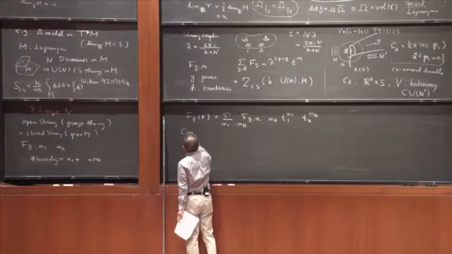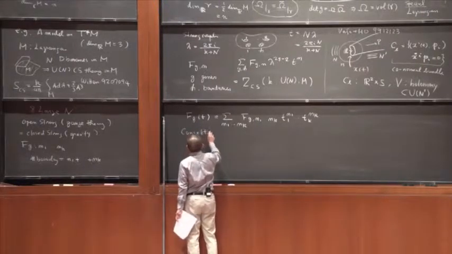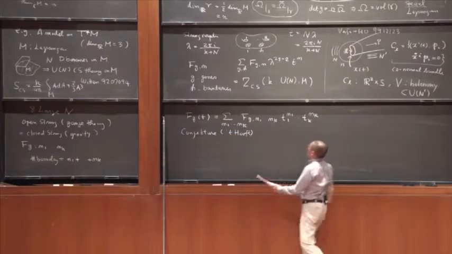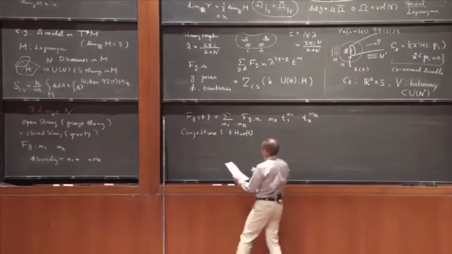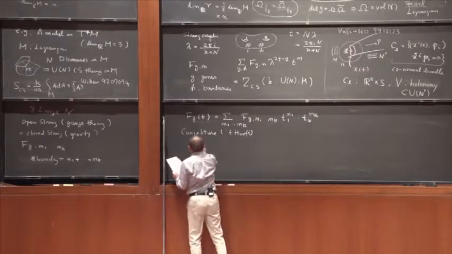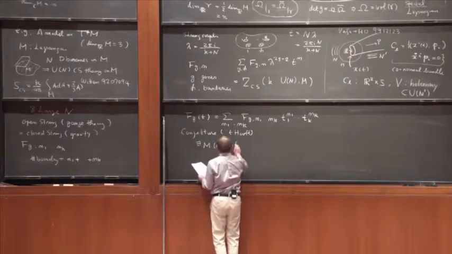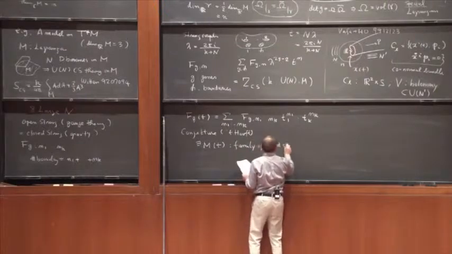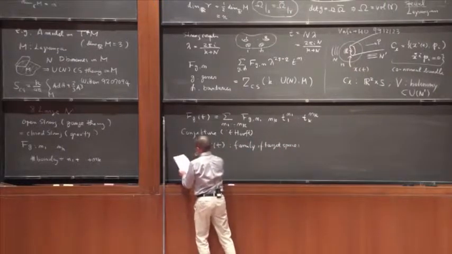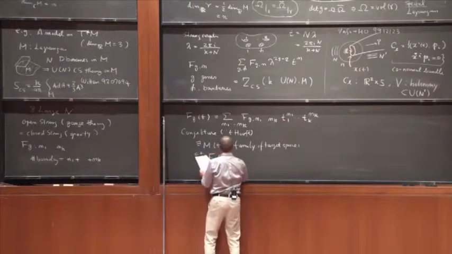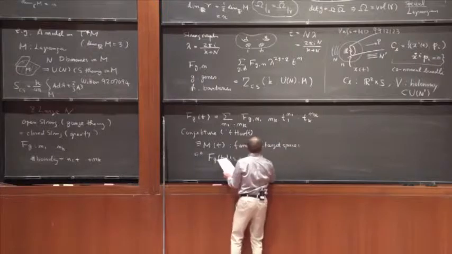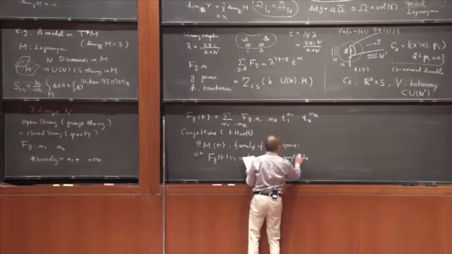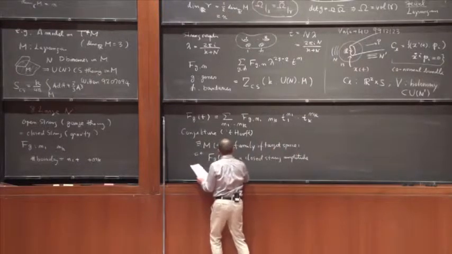Now comes the conjecture. According to 't Hooft, the following is a conjecture, namely that whenever you have something like that, then there is a family of target space such that Fg of t is a closed string amplitude or partition-free energy on this manifold.